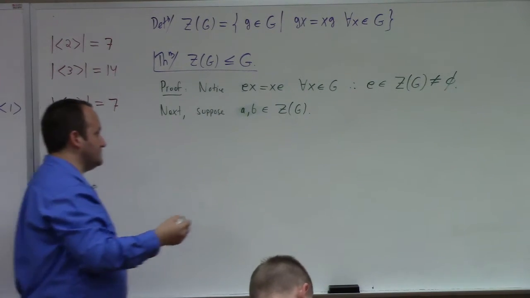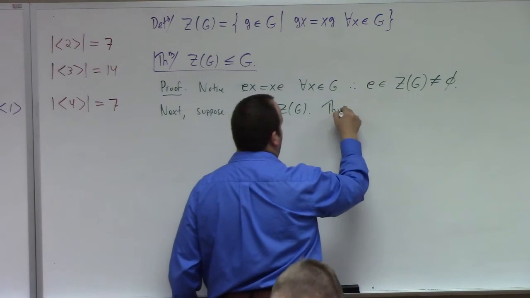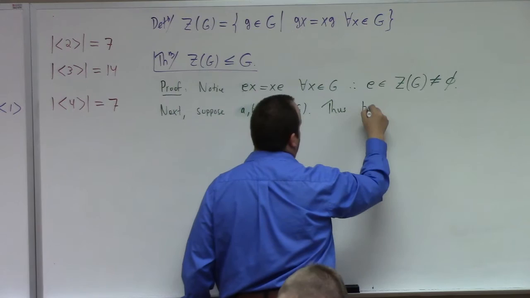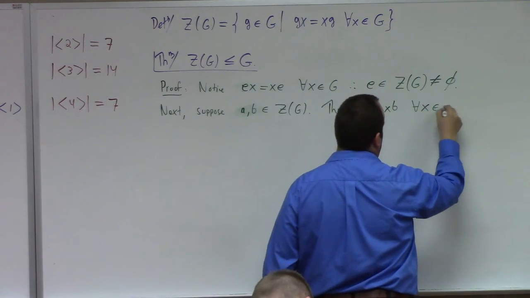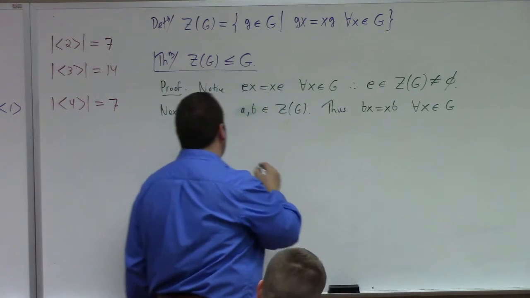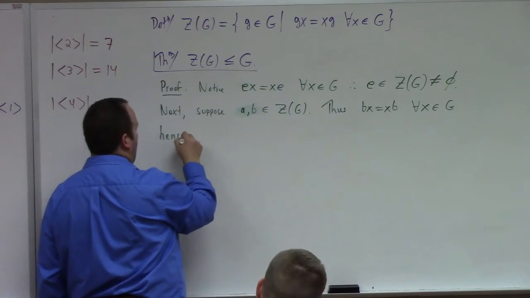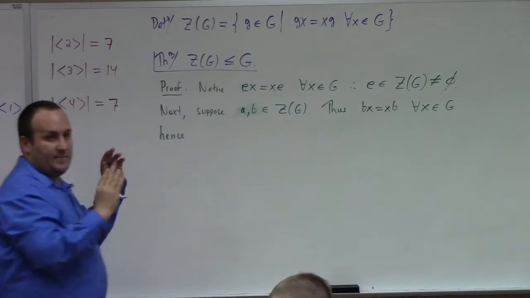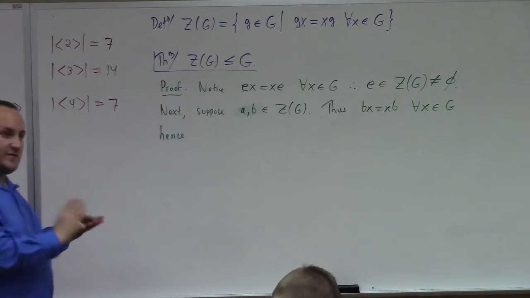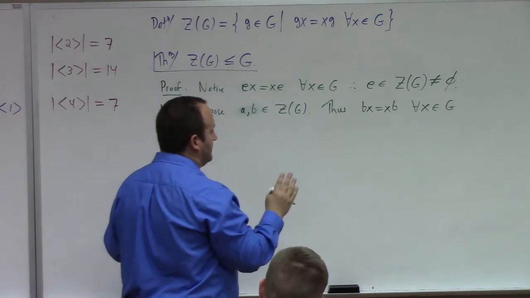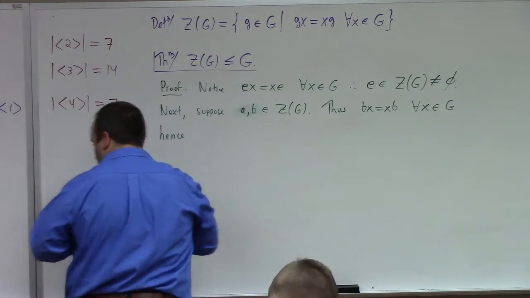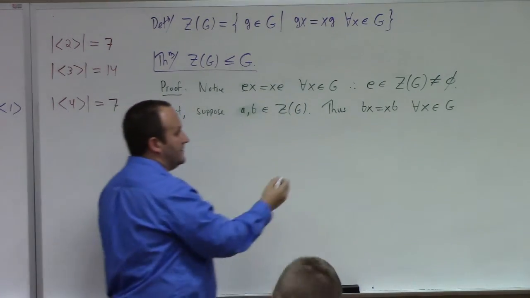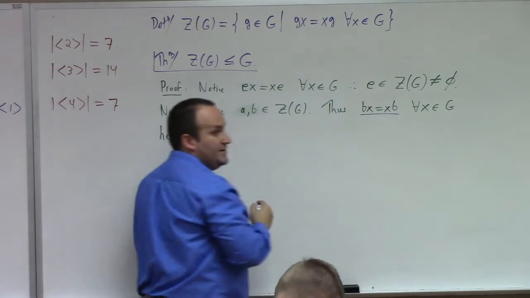It tells us, for instance, that bx is equal to xb for all x in G. Hence, if you multiply that on the right and the left by b inverse, what does that give you? So multiply this data we have right here on both sides by b inverse.